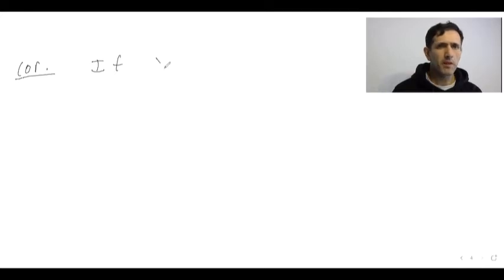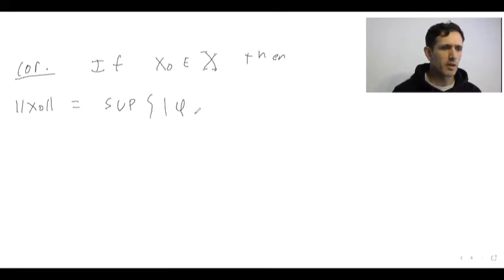So it says that if x0 is in big X, then the norm of x0 is given by the supremum of, we'll dump in x0 into a bounded linear functional of norm 1.